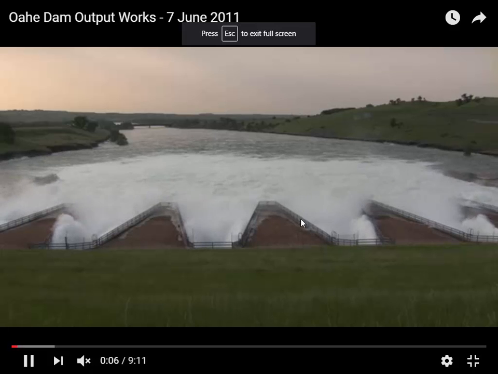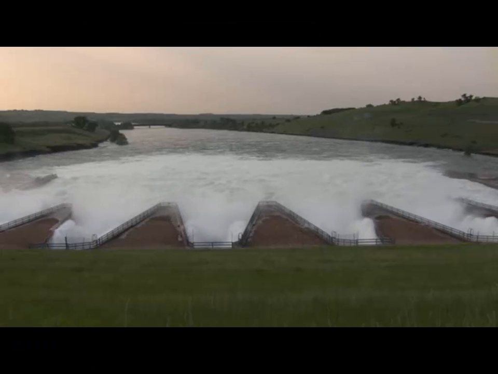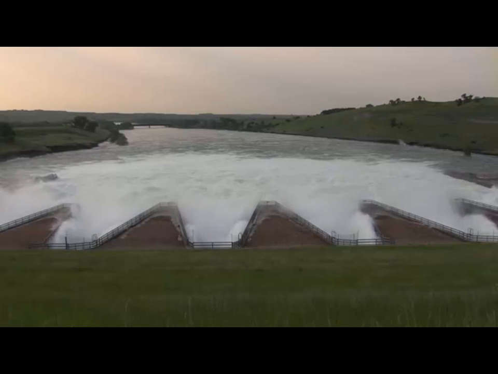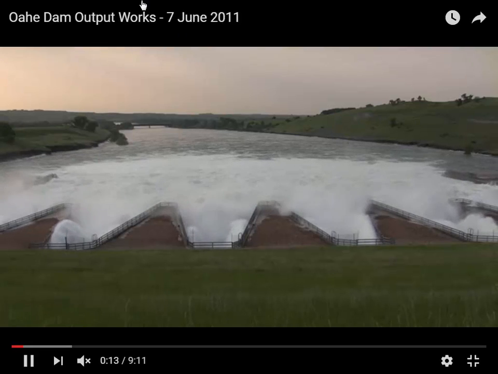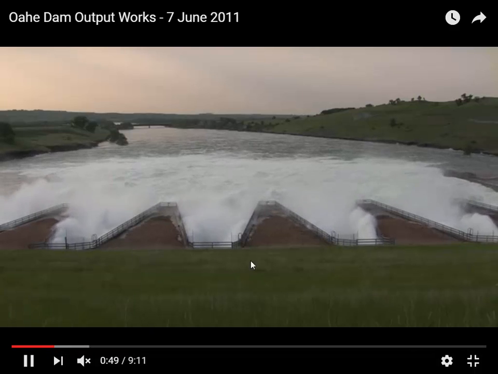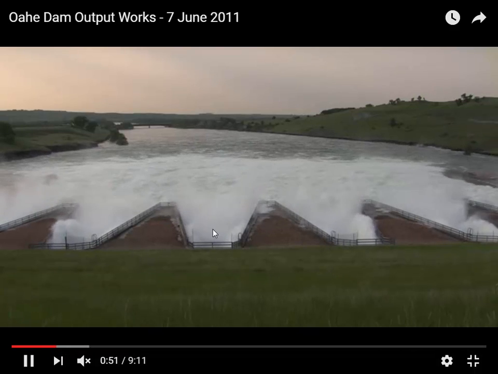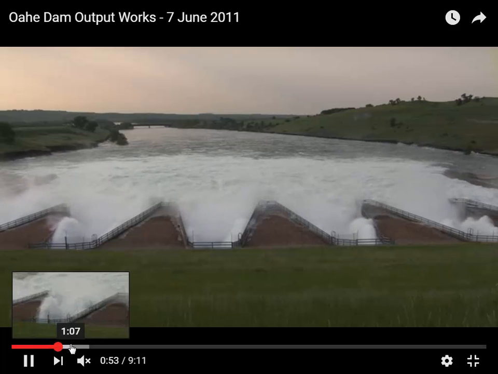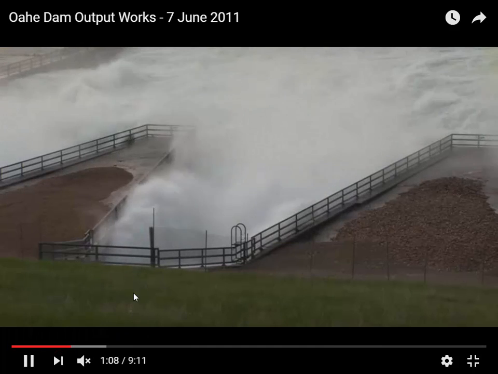So they sent a camera crew to document this historic discharge. And let me fast forward a little bit. You don't get necessarily a sense for how much energy is being dissipated quite yet. They have a zoomed in view here.